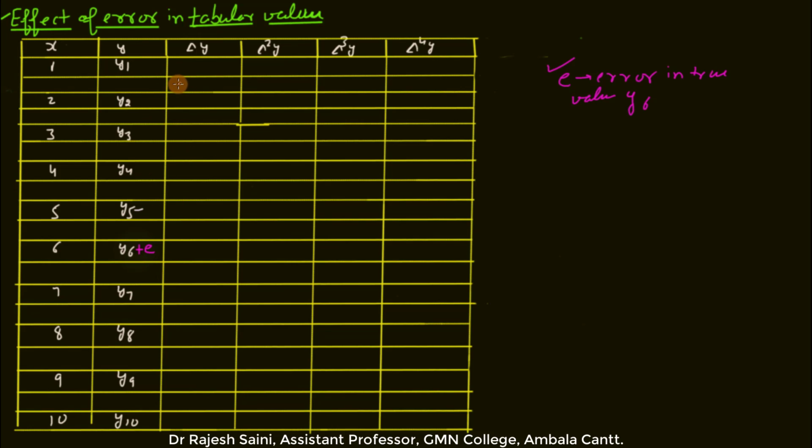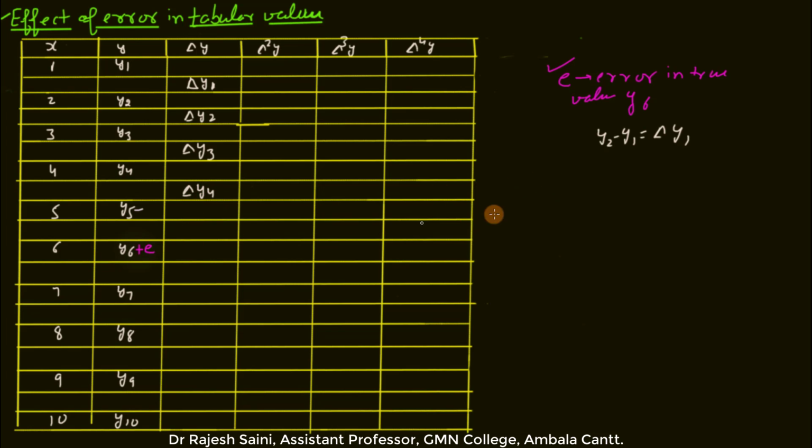Now we will form the table. Here you will write y2 minus y1, that you know is delta y1. Here y3 minus y2, that you will write delta y2. y4 minus y3 is delta y3. y5 minus y4, delta y4.